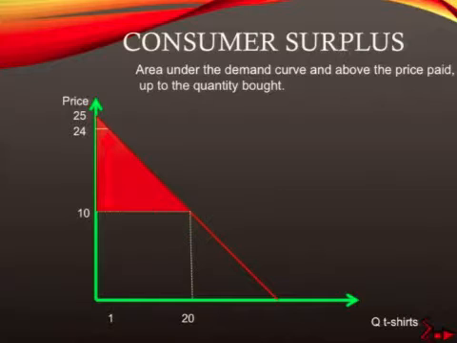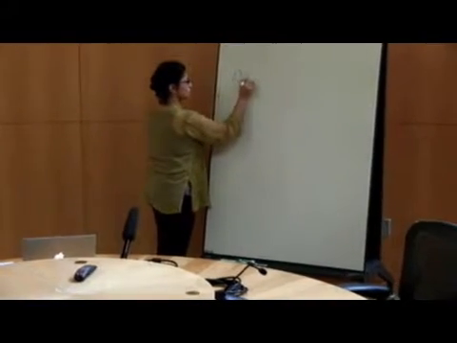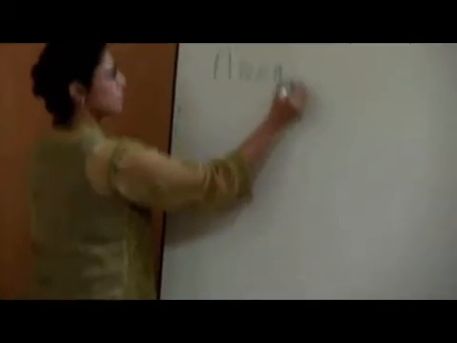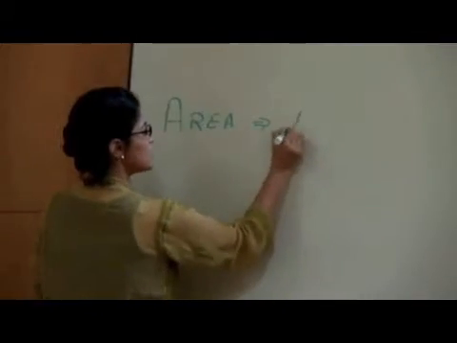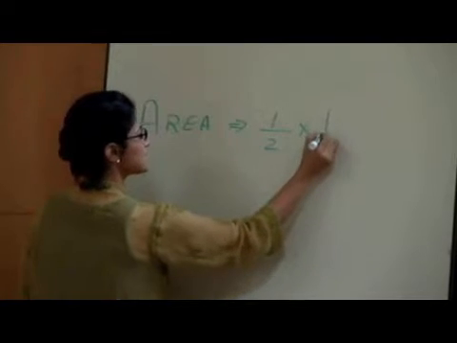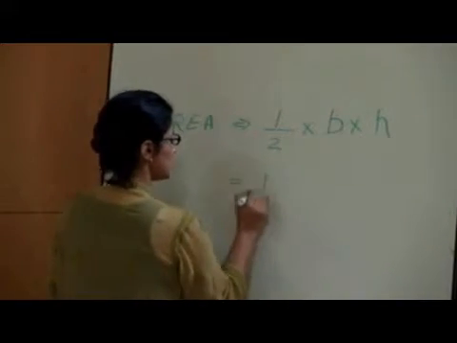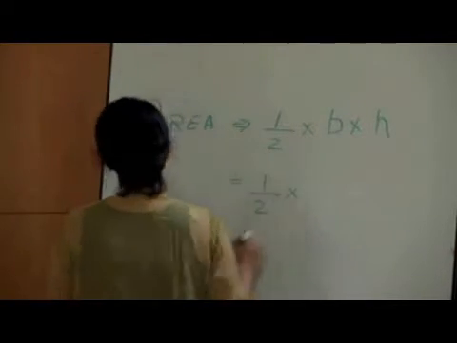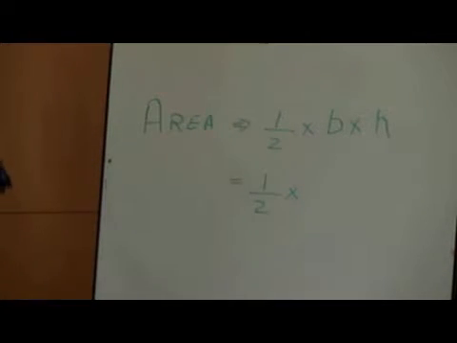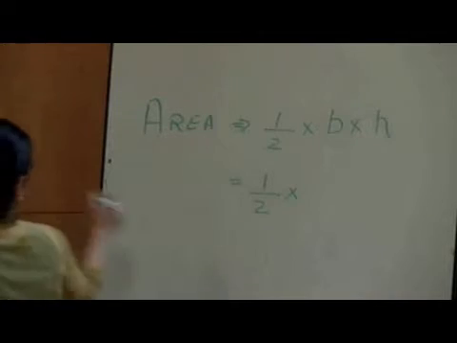Now, how would we calculate the area of this triangle? I'll just write the formula on the board. It's half into base into height, right? So what is the area of the triangle in this case? What is the base? 20.